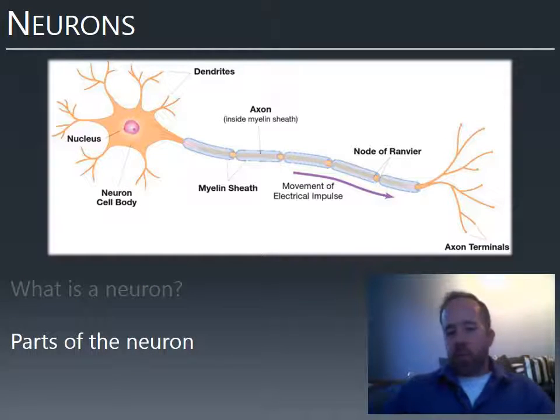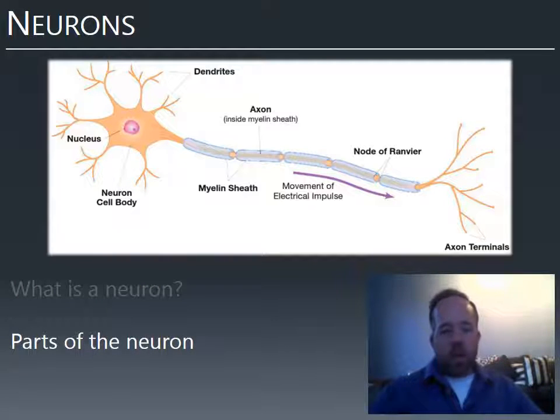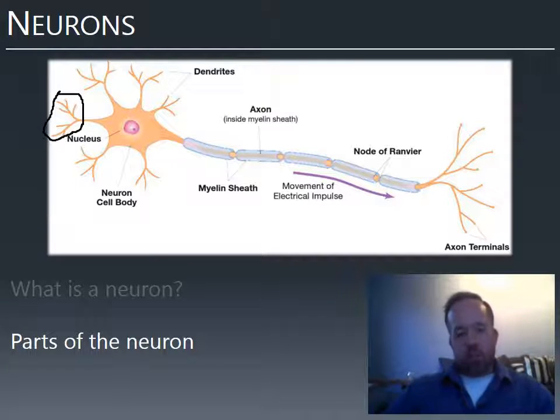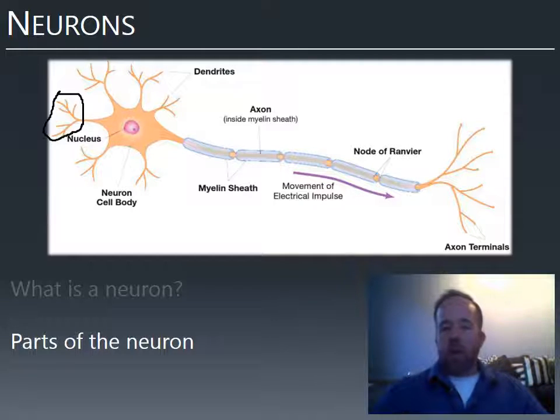And the neuron has various parts. On the left side here, I will indicate just one of them. These are what are called dendrites that I'm circling. These are projections, and this is, for our purposes, where the neuron takes in information. So these are the receiving parts of the neuron.